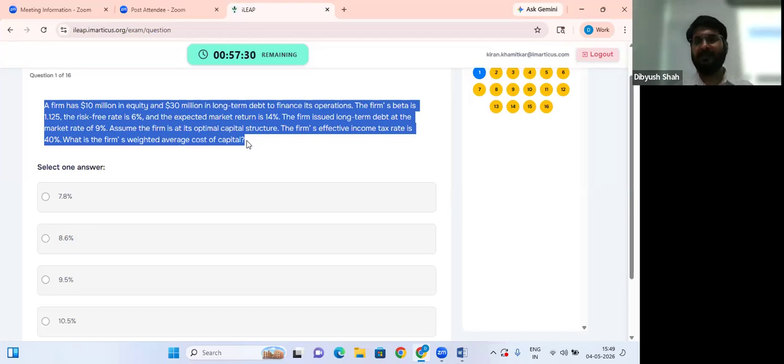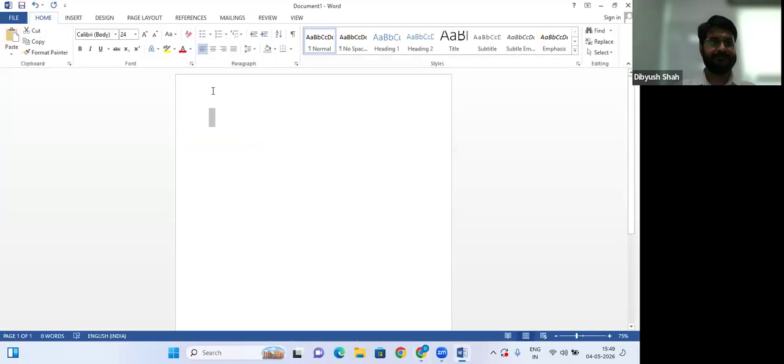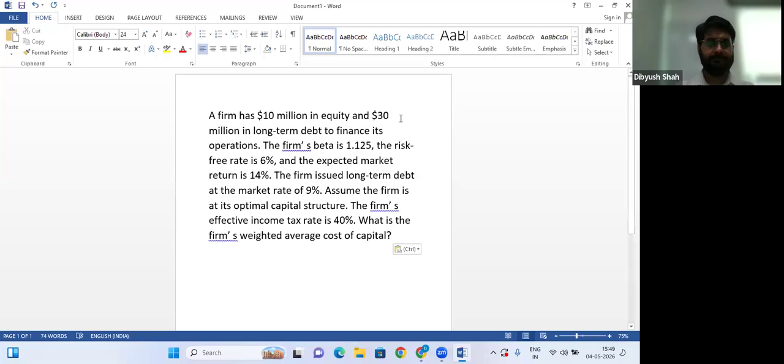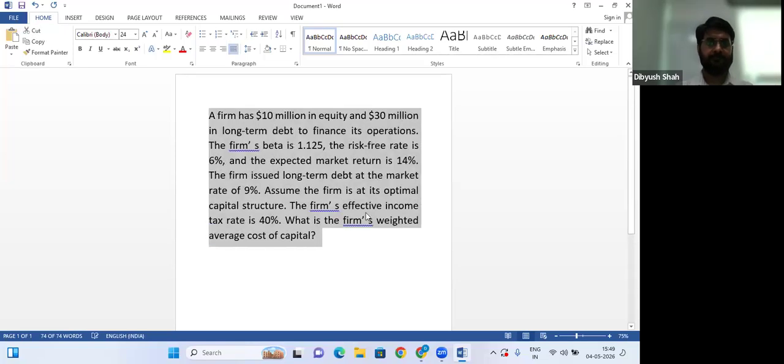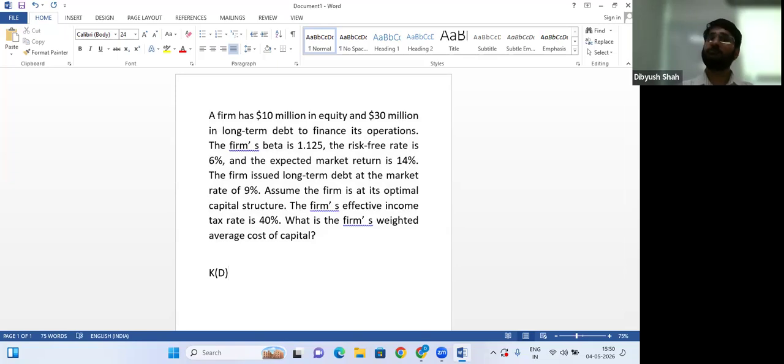The firm's effective income tax rate is 40%. What is the firm's weighted average cost of capital? Now see this. We need two things. Cost of debt, it's already given.